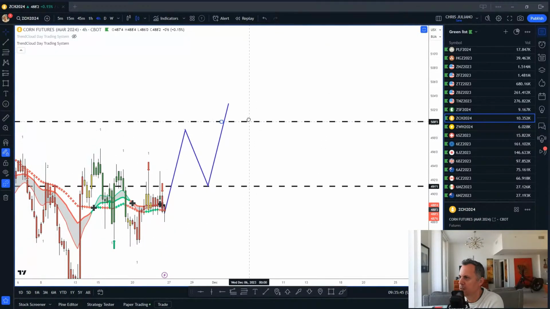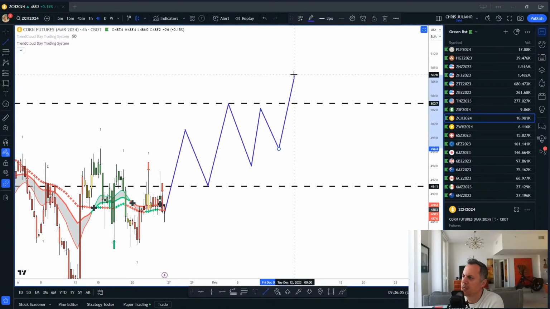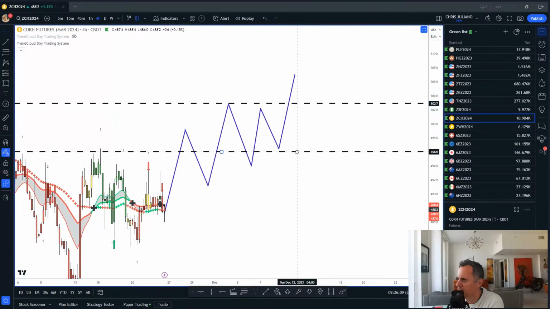Right, now we bring this here, pulls back, maybe it pulls back deep, and doesn't make it. It makes like a double top, right? Forms maybe a higher low, and then breaks up. Nice. All right, now we can bring this to there.